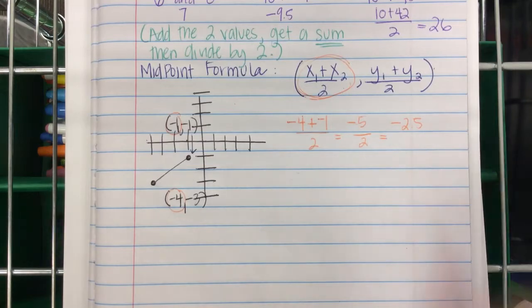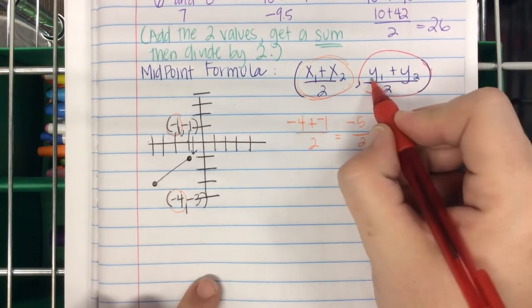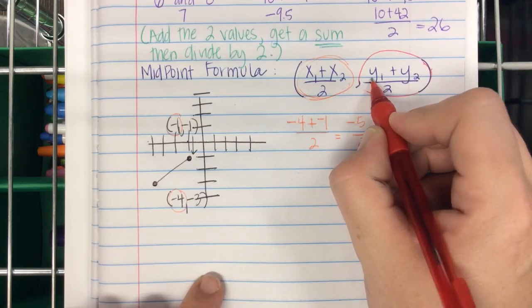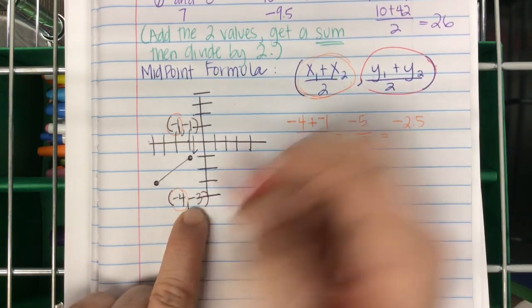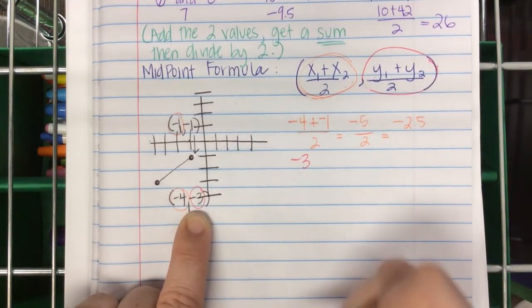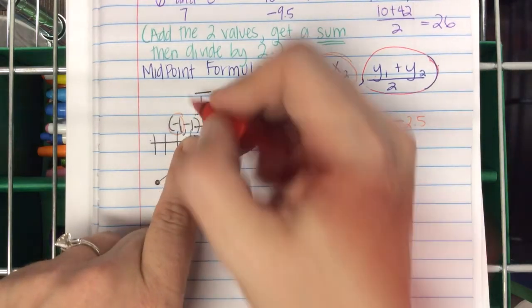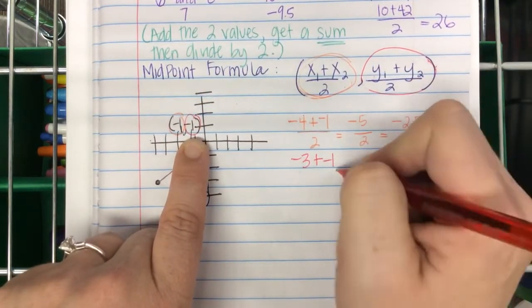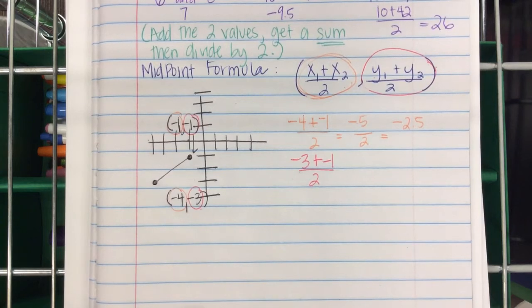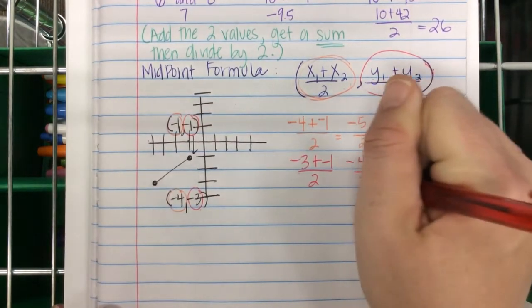Then we're going to go on to the y's. What's the y from the first ordered pair? -3, plus what's the y from the second ordered pair, divided by 2. -3 plus -1 is -4, divided by 2.